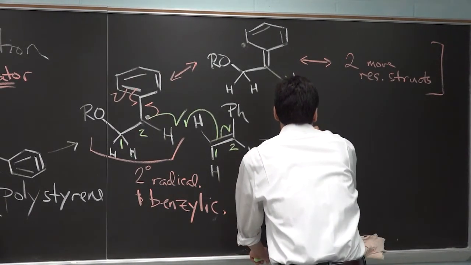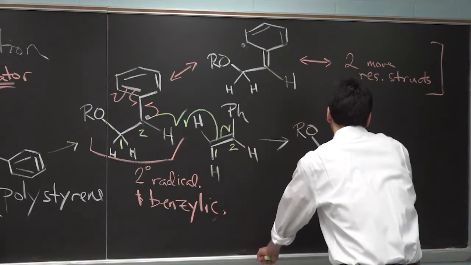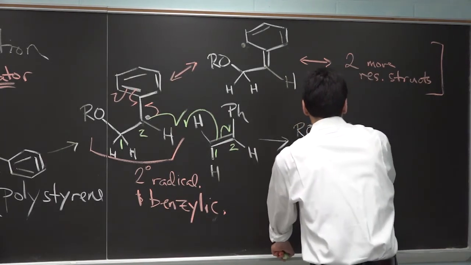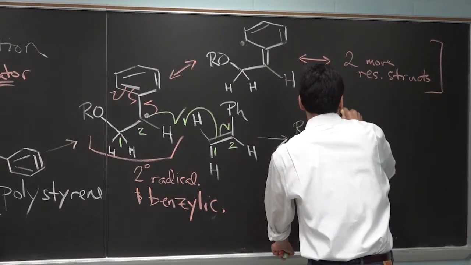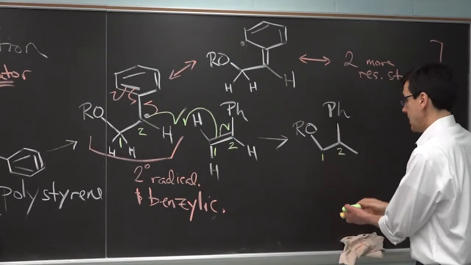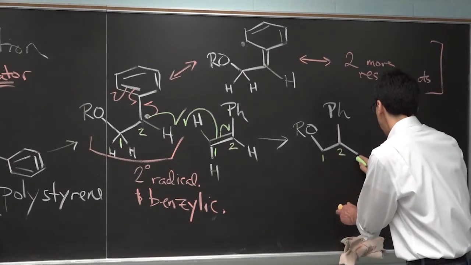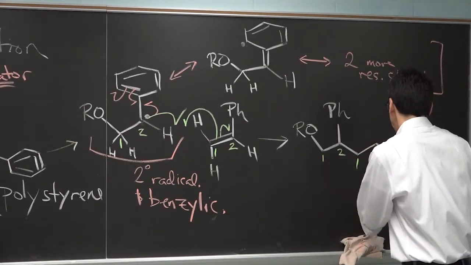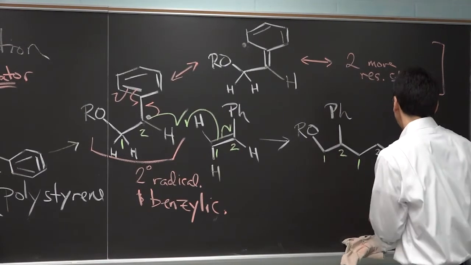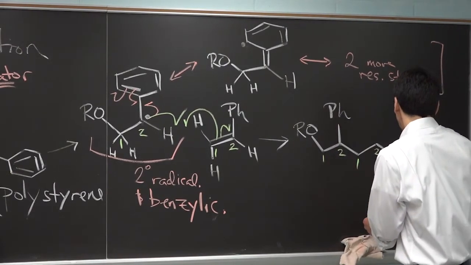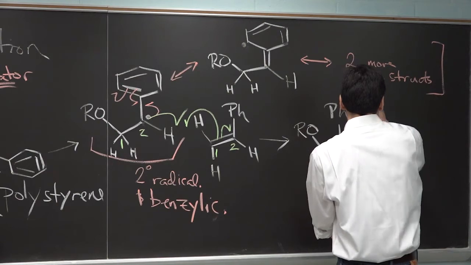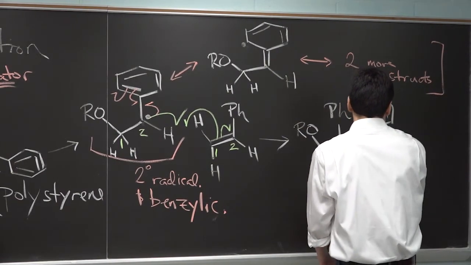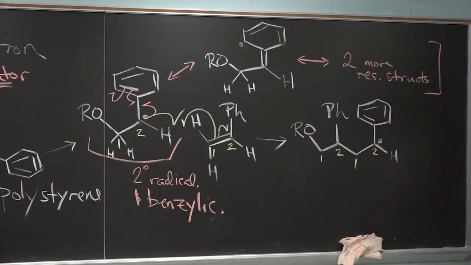When you're doing polymerization reactions, it's very helpful to keep the numbers here. So there was carbon 1, there was carbon 2. There's a phenyl group at carbon 2. Then came another carbon 1 from the second molecule of styrene, and another carbon 2 there. There's a hydrogen there. There's a second phenyl group there, and there's a dot there.